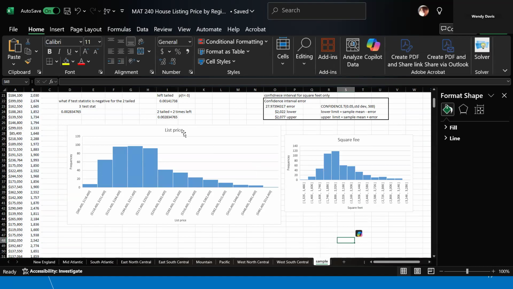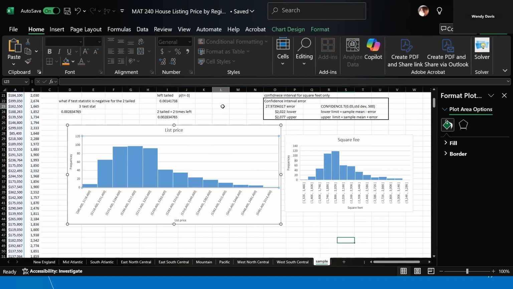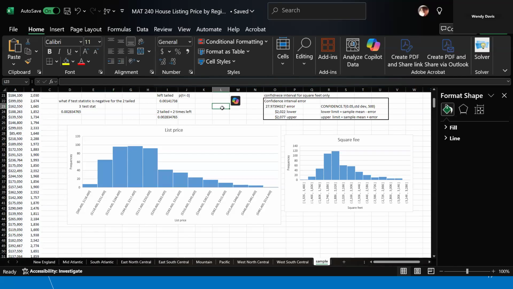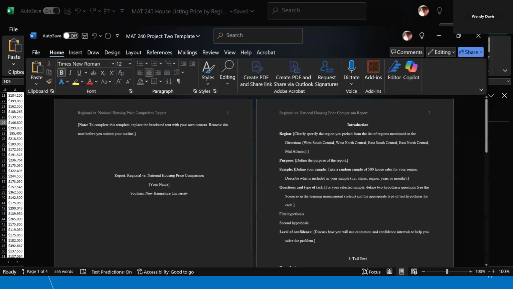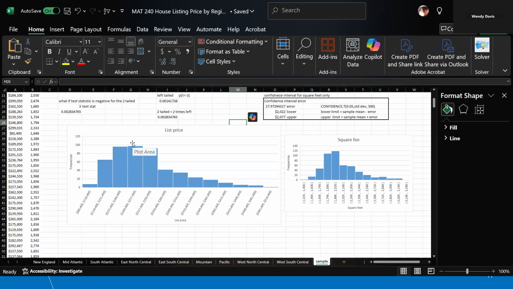Please don't copy and paste. It just doesn't go to Word very well. Now, sometimes when you put your histograms for list price in your Word document, the picture is not big enough. So when you go to your Word document, make sure your picture is big enough.